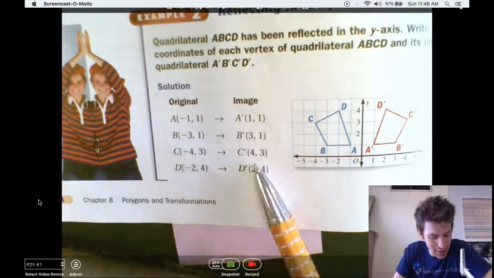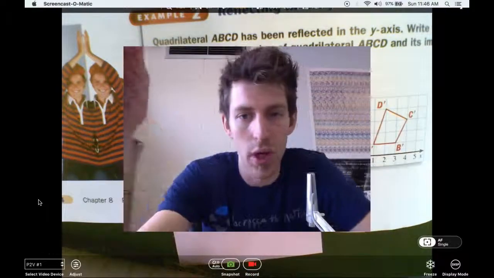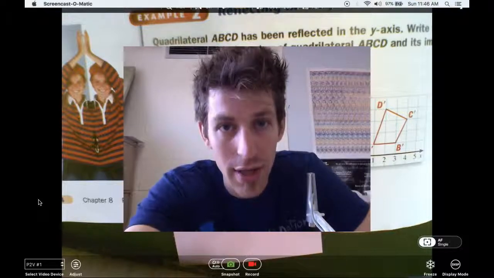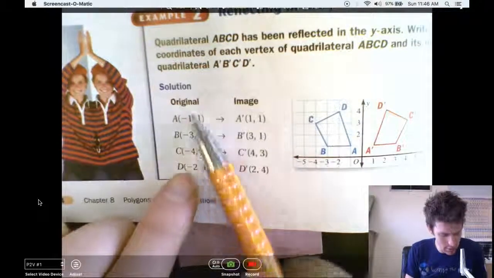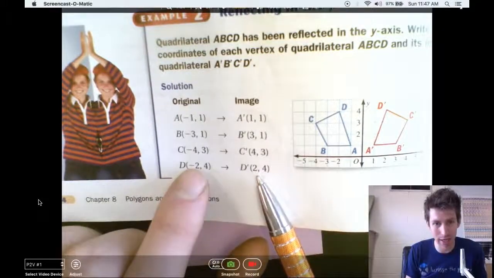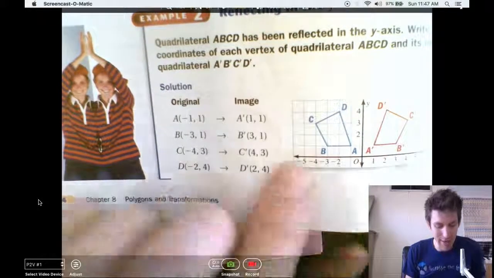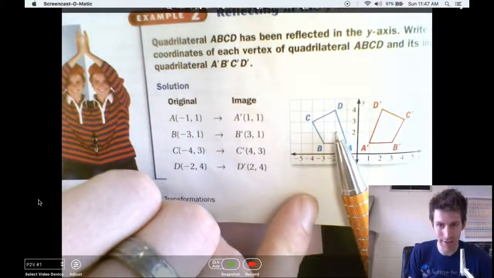What changed in all of these coordinates? What has changed? The x coordinate became negative, didn't it? Am I right or am I right? I'm right. The x coordinate became the opposite. Negative became positive. Now, let's pretend you were starting with this side, flipping over to that.